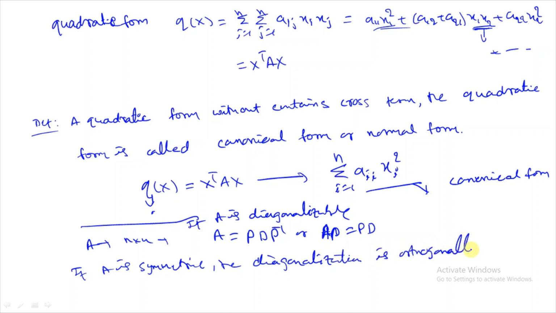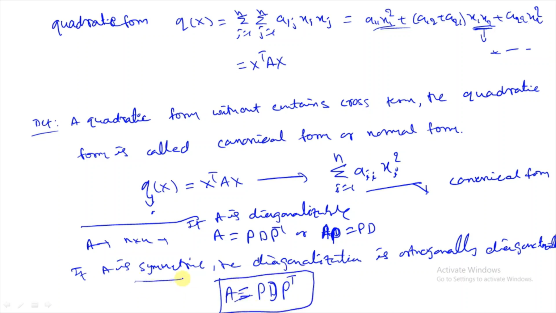Because we get a symmetric matrix corresponding to the given quadratic form. For a symmetric matrix, P inverse is the same as P transpose. Okay, this is the orthogonal diagonalization.